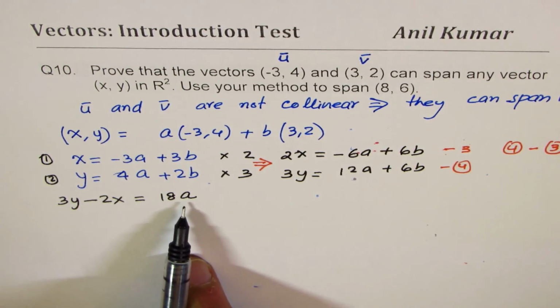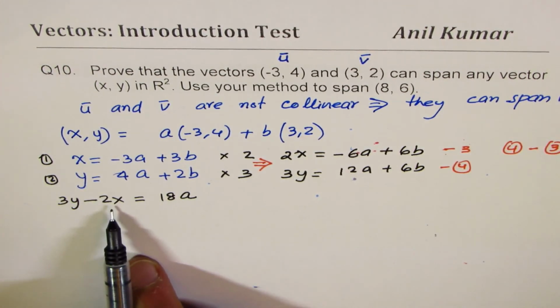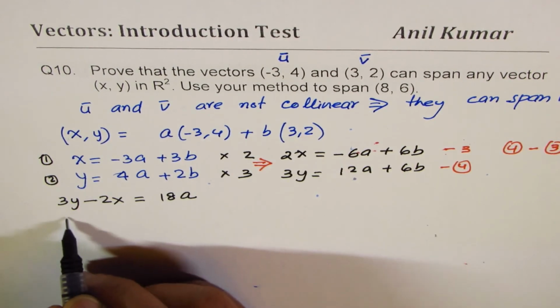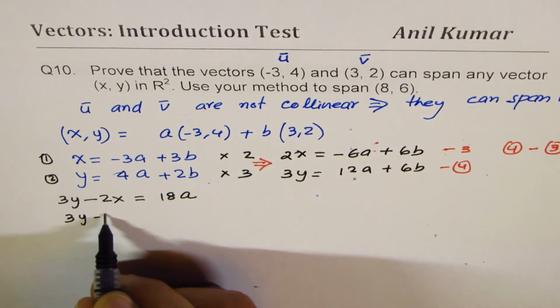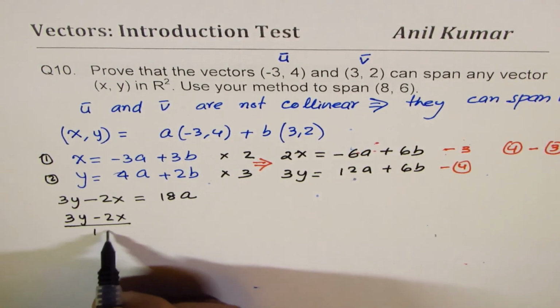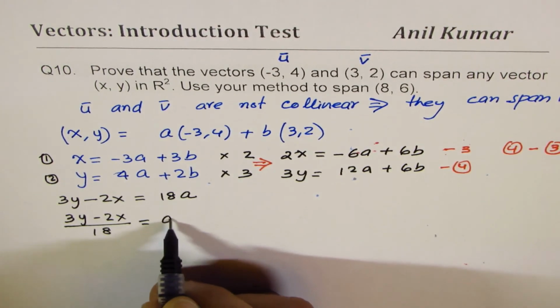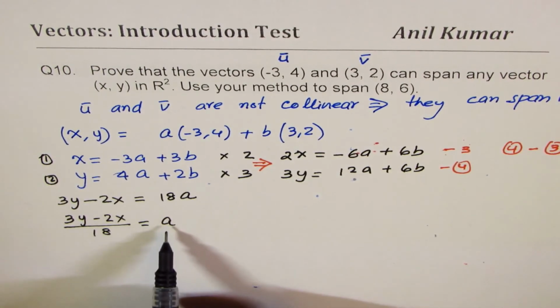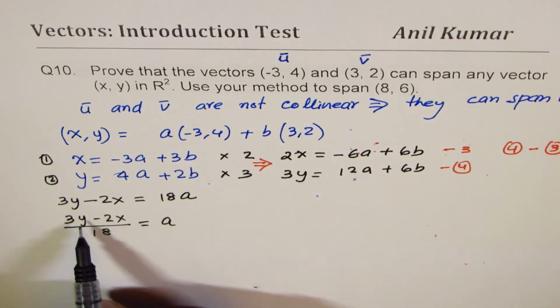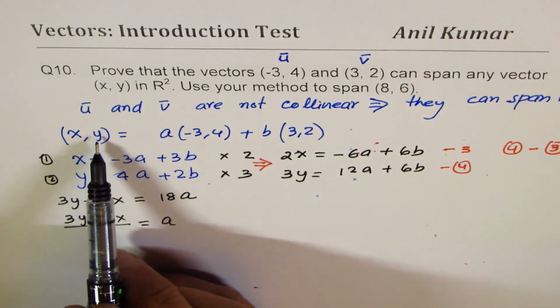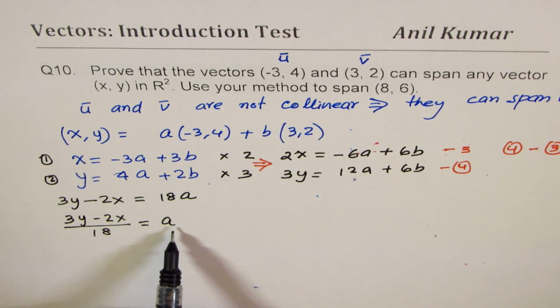So we get a in terms of x and y. Do you see that? So we could write this as (3y minus 2x) over 18 equals a. So we have found a in terms of x and y. So for any x and y, we can find a value of a. That's what we're trying to say.